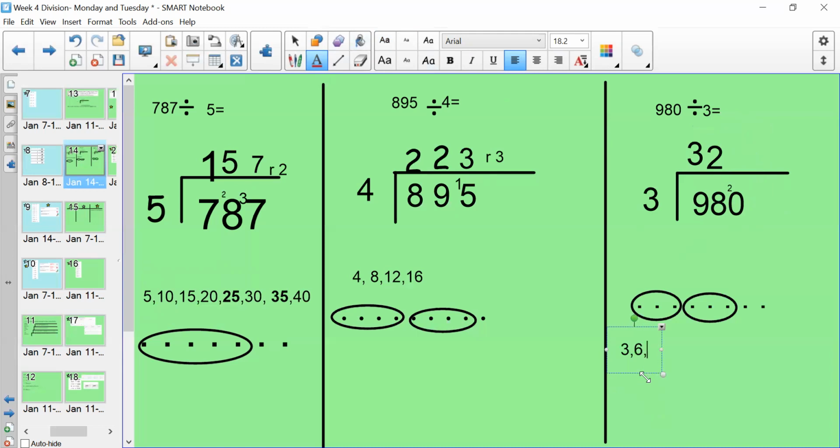So we've got 3, 6, 9, 12, 15, 18, 21. Because we know that 3 times 7 is 21. So it doesn't go in equally, but it goes in 7 times. And then we're going to have a remainder of 1. Okay, so those are our answers to those 3 questions.